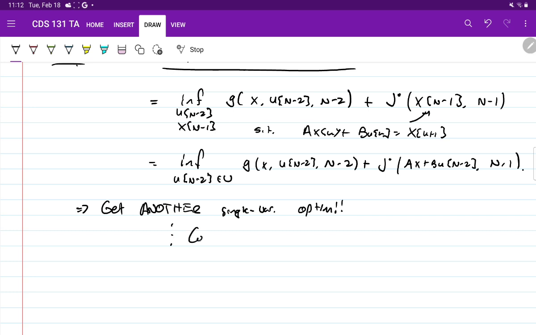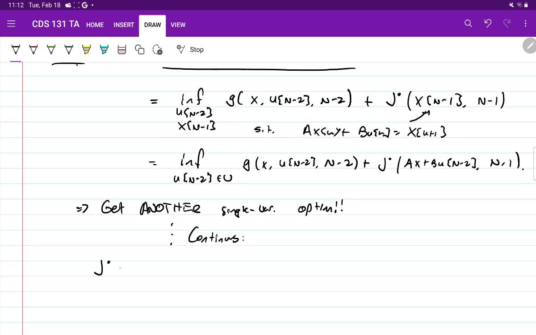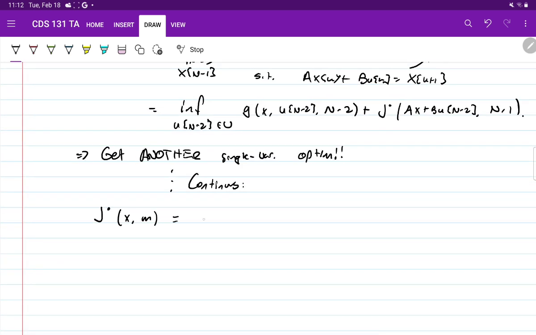So this pattern kind of continues, and you get a recursive relationship, which will effectively tell you j*(x, n-1), let me just call it m actually, j*(x, m) is equal to the infimum over u, which belongs to your input set U, of g(x, u, m) plus j* at your next step, (Ax + Bu, m+1), okay?